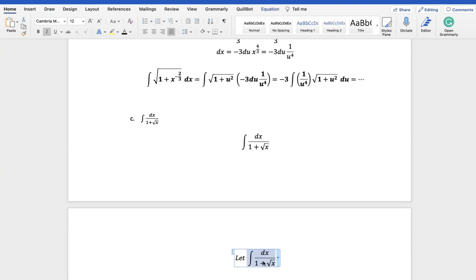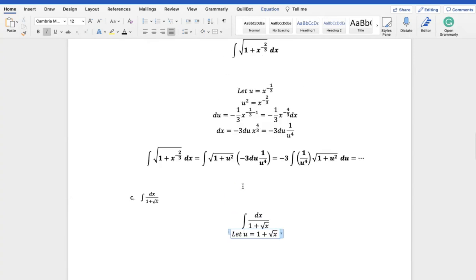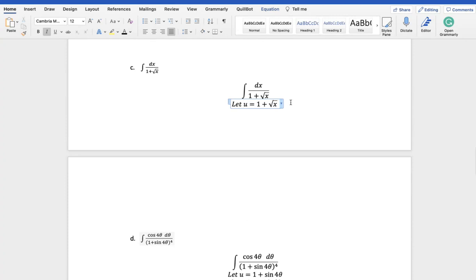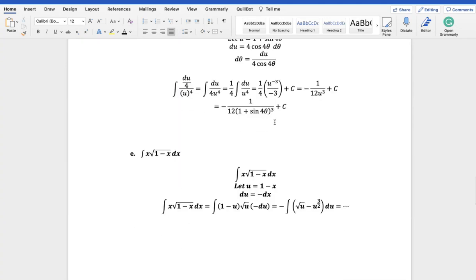Square root of x plus 1. So if you let u be equal to 1 plus the square root of x, then you can solve for du and follow the same steps we've used before and see if you can get to the final answer. So that should be your homework.